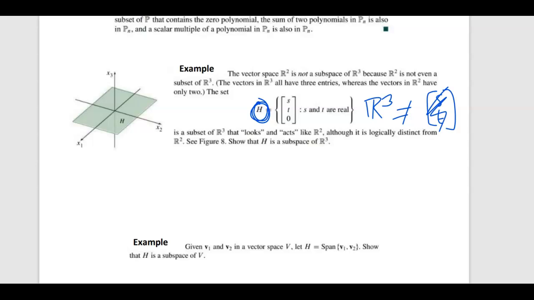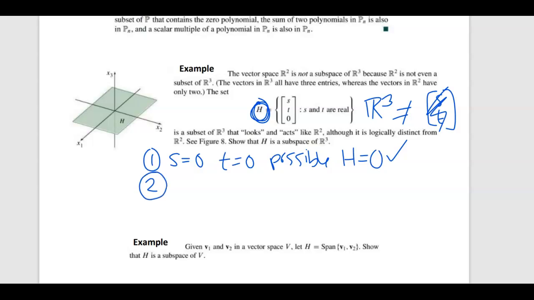All right, so show that H is a subspace of R3. Is the zero vector there? Yes. Number 1, s equals 0, t equals 0 is possible, so the zero vector is in H. If I add two vectors, let u be (s, t, 0) and v be (x, y, 0).